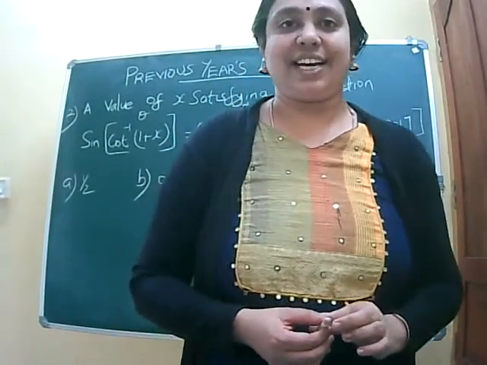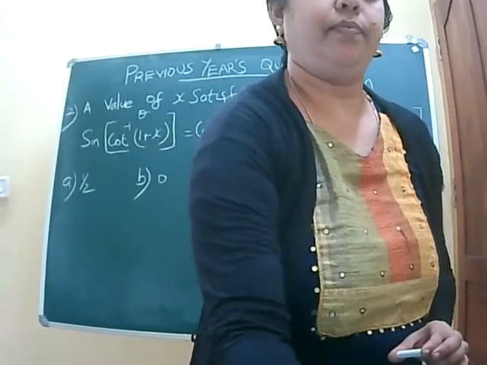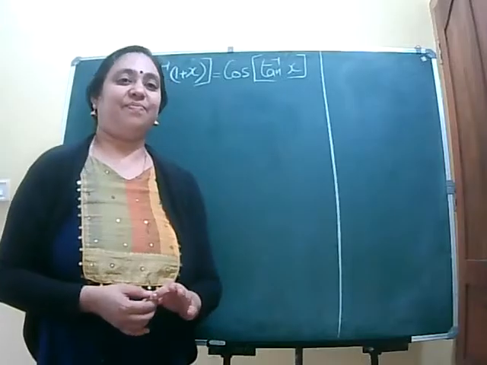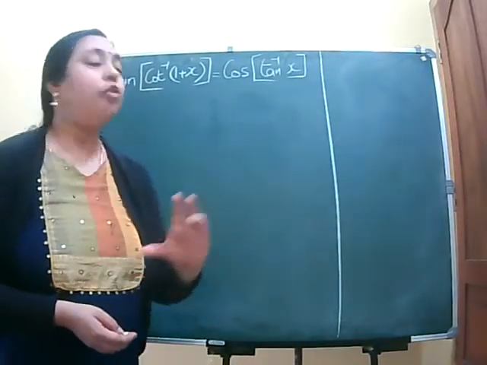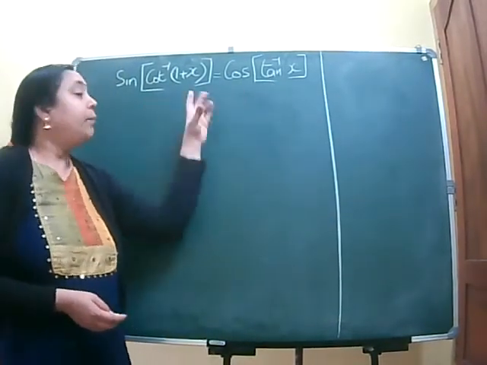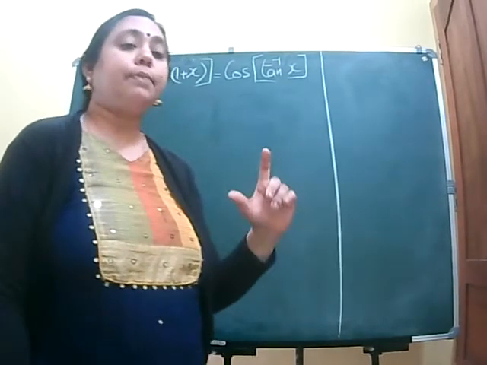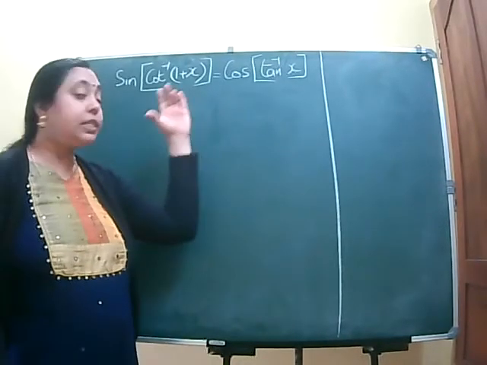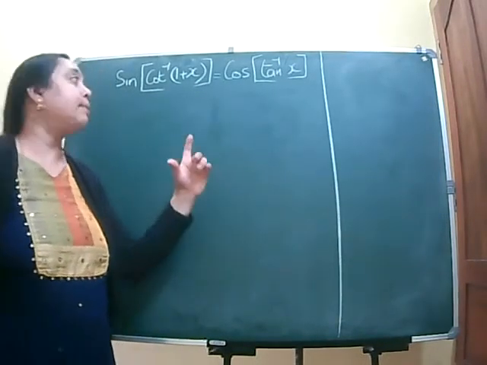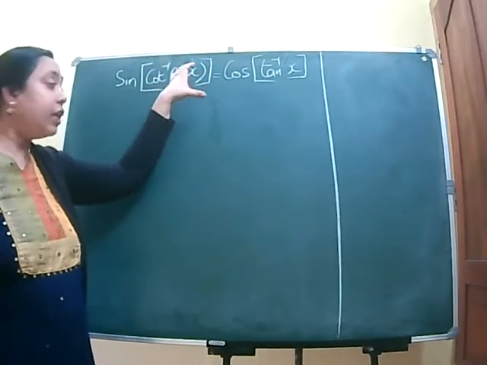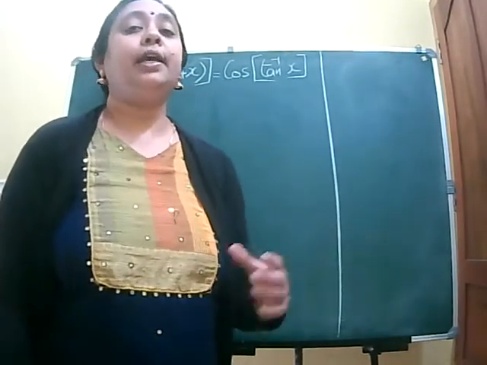Then let us start. Now we have to solve for this equation. For that, first of all, take substitutions for the term inside the bracket. That is, in LHS, take substitution for cot inverse 1 plus x, say theta, phi or anything.